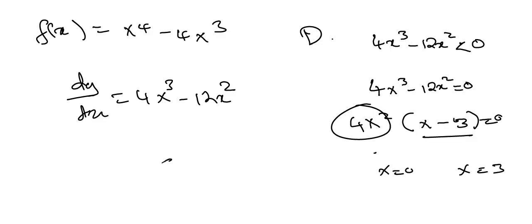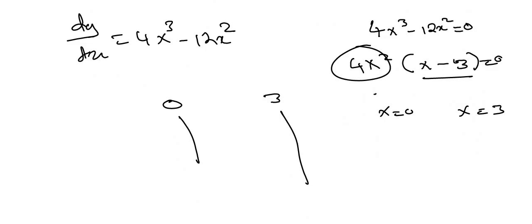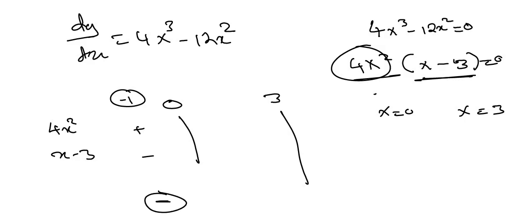We need to test where the function is decreasing or increasing. Pick any number less than 0, because we are checking 4x squared and x minus 3. Pick negative 1, for instance. That's going to give us a positive, and that's a negative. The whole outcome is negative.